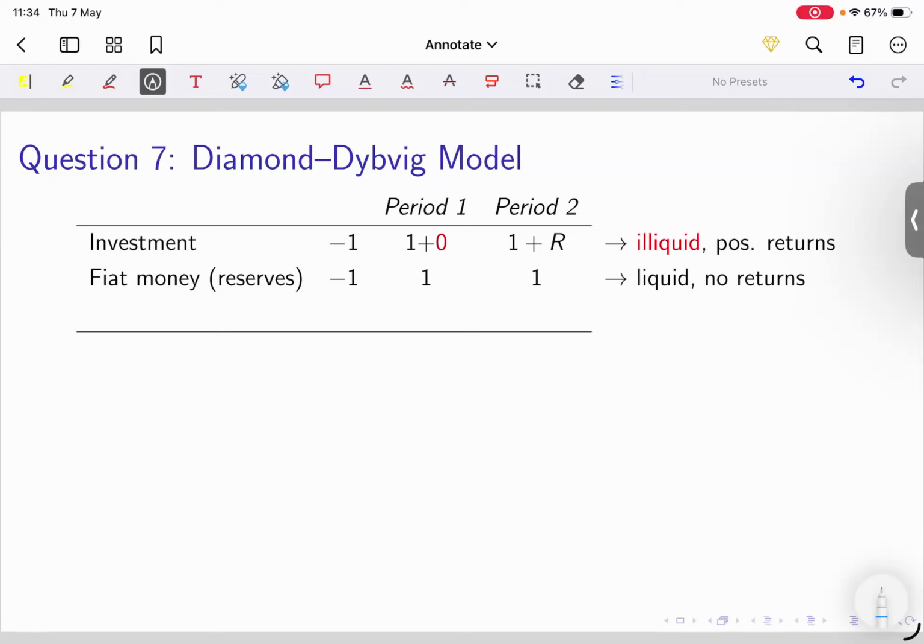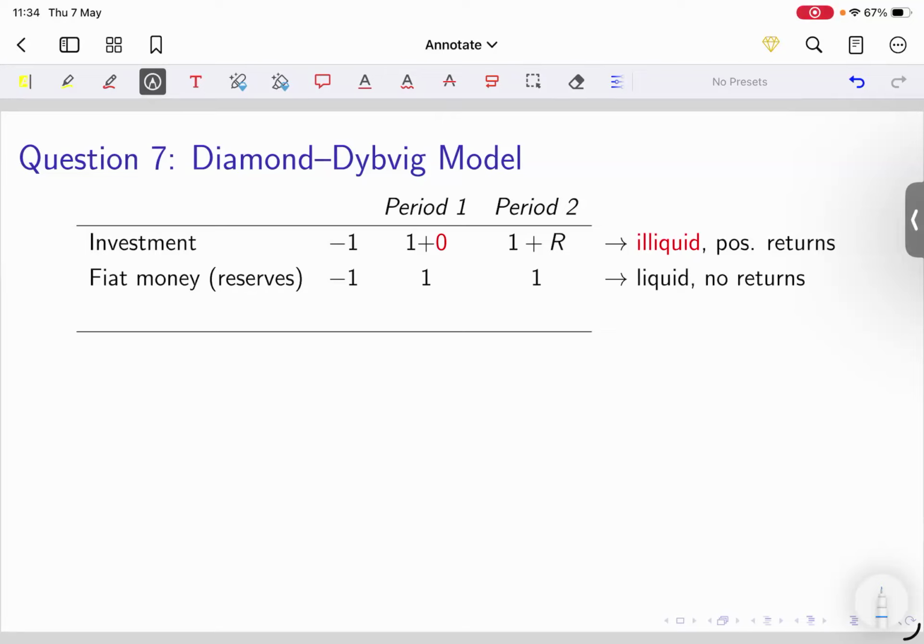And then there is uncertainty about the household types. They could be early or late, but you don't know who's which, right? Which is why, as a bank, you need to cater to them both in the same way. You cannot discriminate.